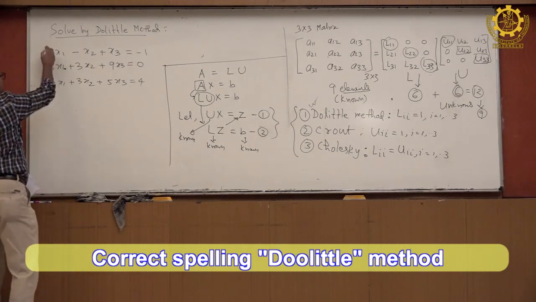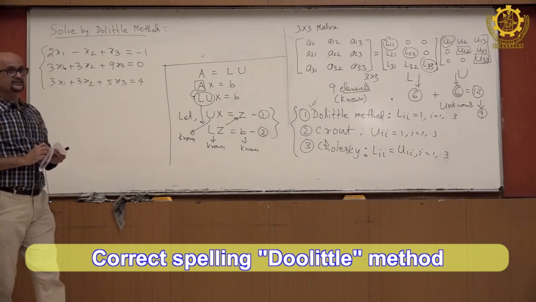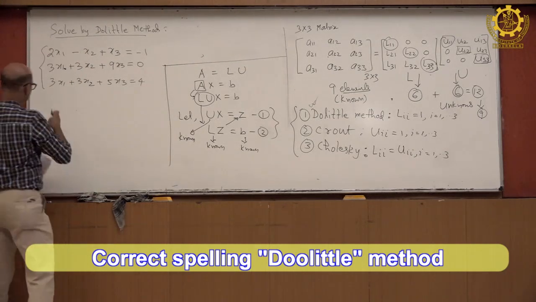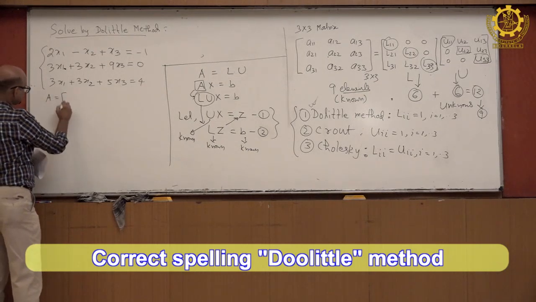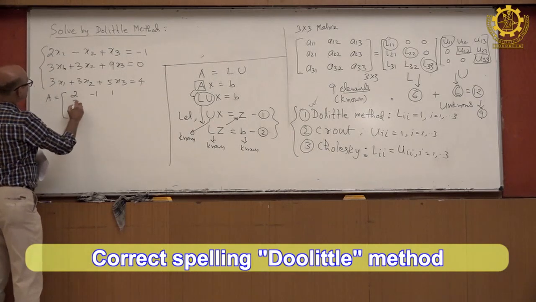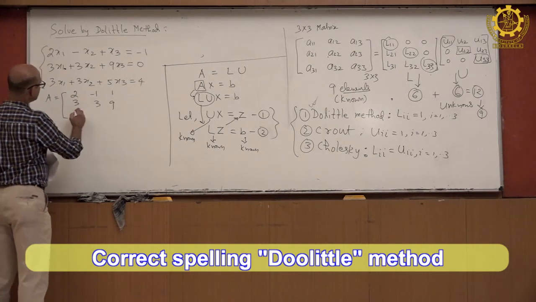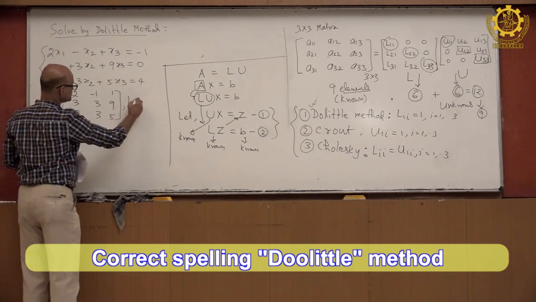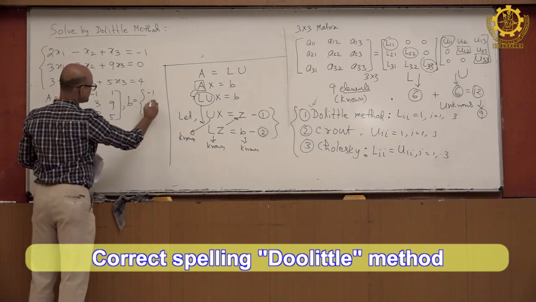Okay, so I have a 3 by 3 system. I can write A and B as you know already. A as 2 minus 1 1, 3 3 9, 3 3 5, and your B is minus 1 0 4.